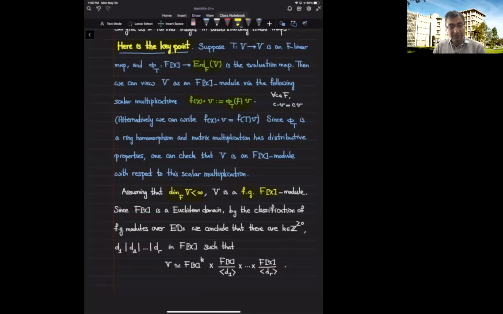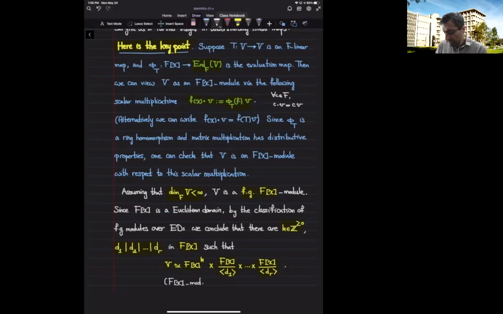Using that classification, we can deduce that there is some non-negative integer k and polynomials d1, d2, up to dr, so that each one divides the next one, and my vector space, as an F[X] module, is isomorphic to F[X]^k times F[X] mod the ideal generated by d1, F[X] mod the ideal generated by d2, up to F[X] mod the ideal generated by dr. This isomorphism is an F[X] module isomorphism.